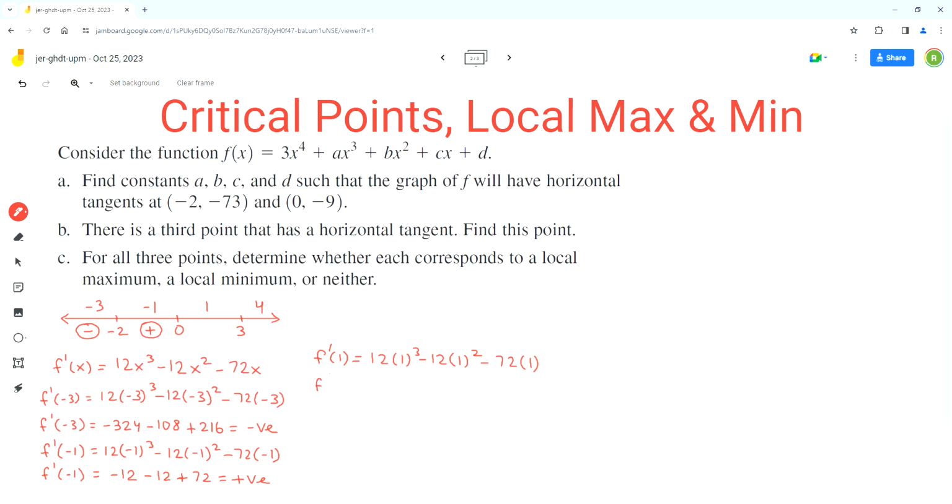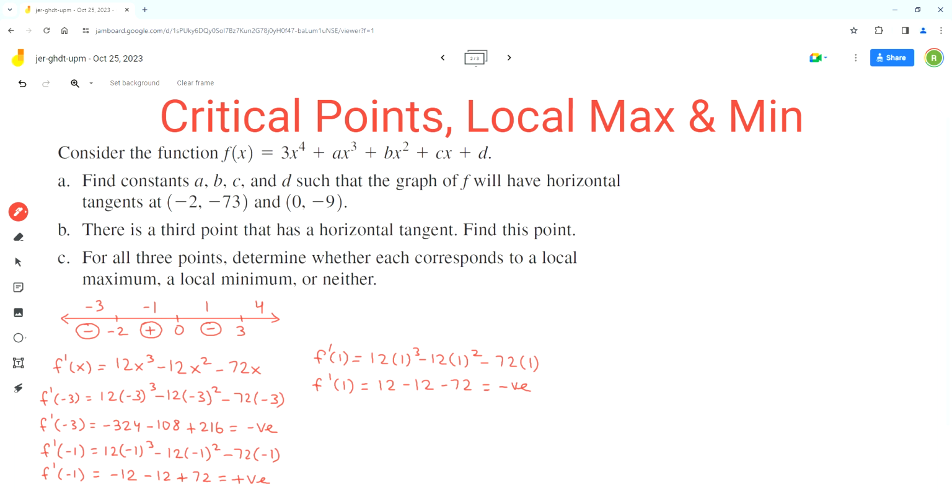Now we can evaluate this expression. 12 times 1 cubed is 12, and then 12 times 1 squared is 12, so minus 12, and then minus 72. In this case we end up with a negative value for f prime. So the function is decreasing between the critical numbers 0 and 3.